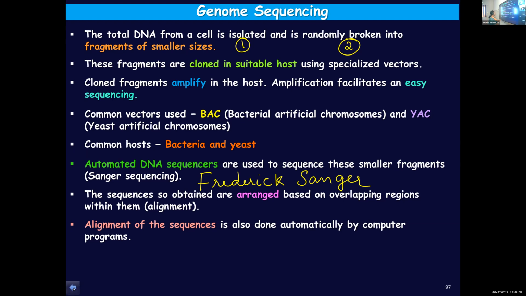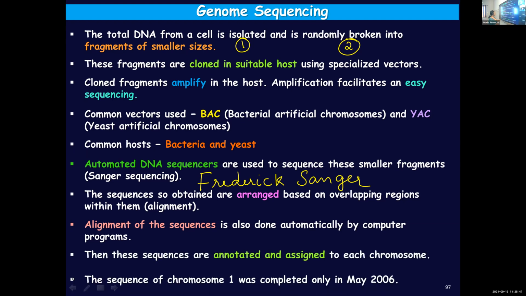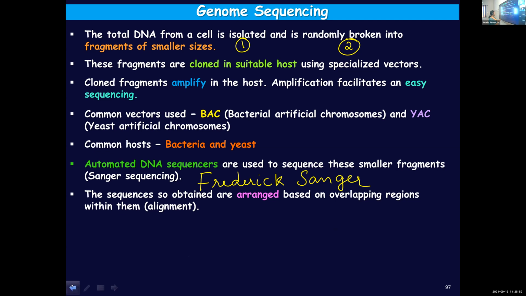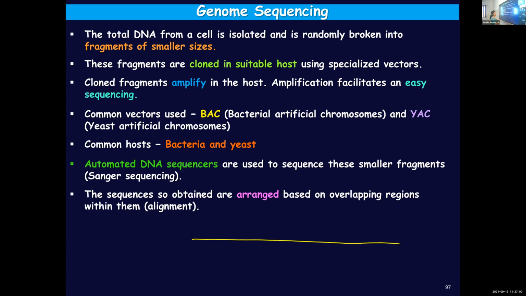And for those who missed yesterday's class, I'll just tell you what is meant by overlapping regions. See, if this is a segment, here you can see A, T, C, G, G, C, T, A, like this.